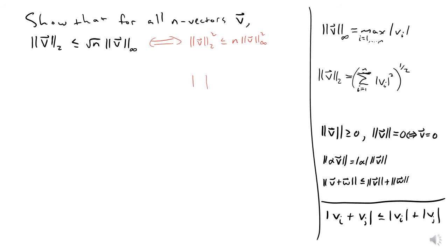So let's just start with the definition of the 2 norm. This is all you're doing on this homework question. Just start with the definition and see what you can come up with. Here, the 2 norm, if I square it, then that square root goes away. So the 2 norm squared is just the sum of the absolute value of the entries squared.